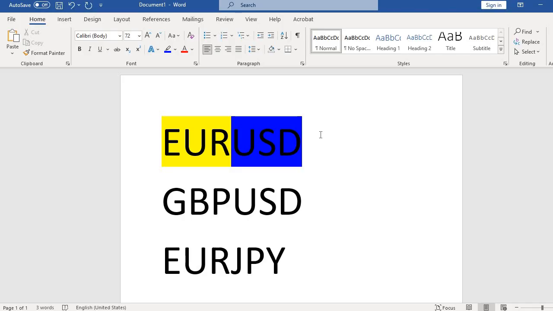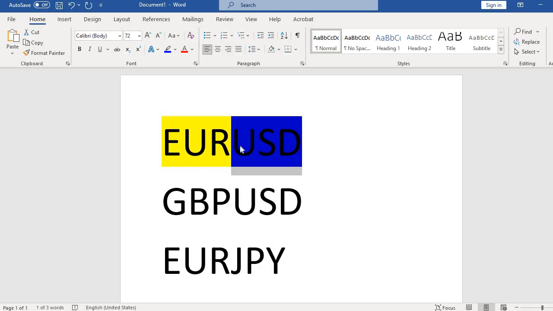USD is the quote or counter currency. And that's the same thing that applies to this one too, and every other pair. So a currency pair comprises two currencies of two different countries.